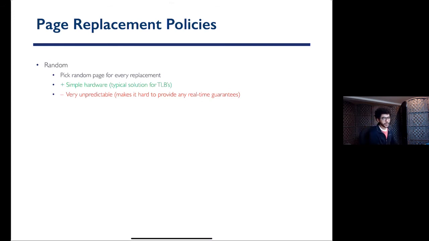Usually for TLBs, we use random. One of the reasons for this is because if you remember, we want the TLB to be as fast as possible, because we're paying the hit time on the TLB for every translation.